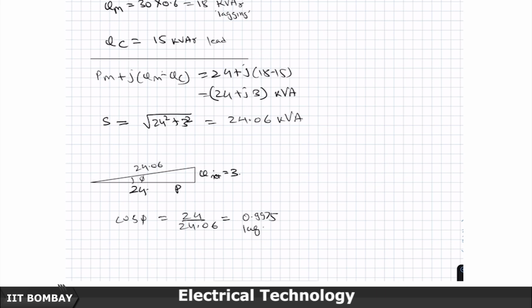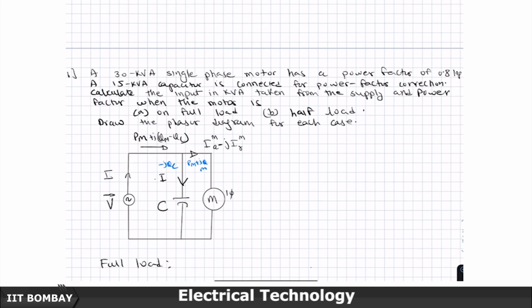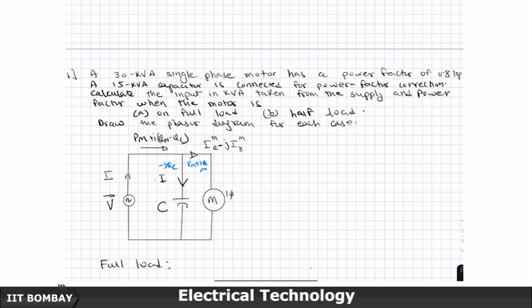I should write lag with power factor, because cos phi is the same whether phi is minus 5 degrees or plus 5 degrees. So, I have to always append the descriptor that it is 0.9975 lag. So, this is the first part of the question.